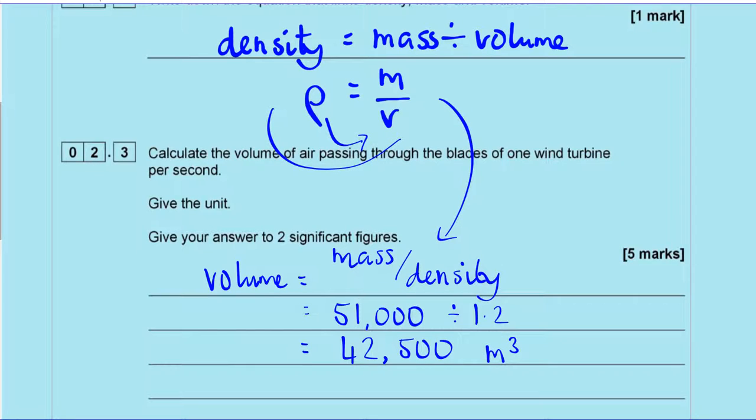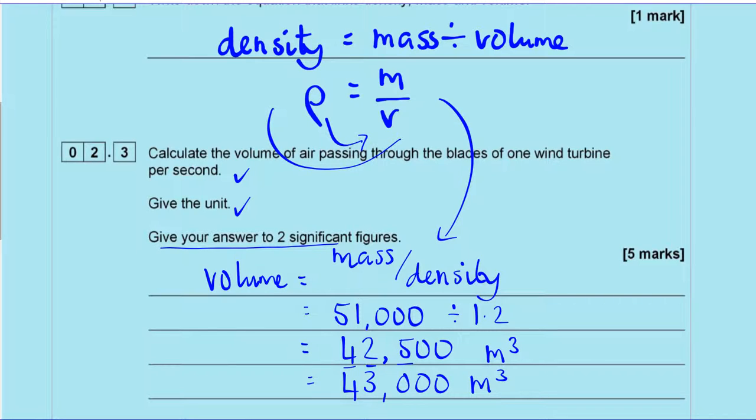What I still need to do is to give my answer to 2 significant figures. My first significant figure is a 4, then a 2, and because my next figure is a 5, I need to round up. So instead of going to 42, I go up to 43.